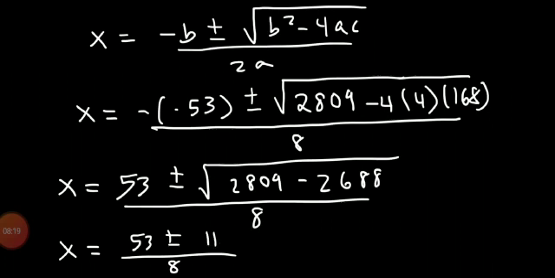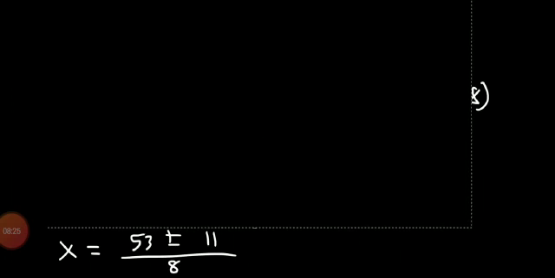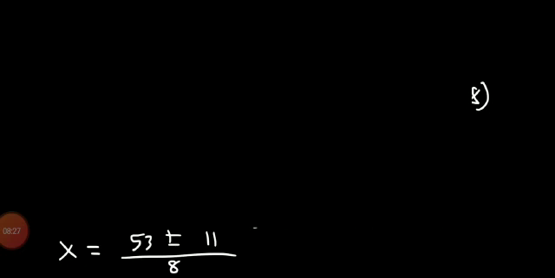After subtraction it is equal to 121, then after taking the square root it will become 11. 53 plus minus 11 by 8.